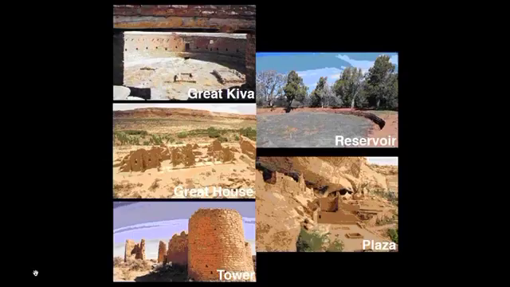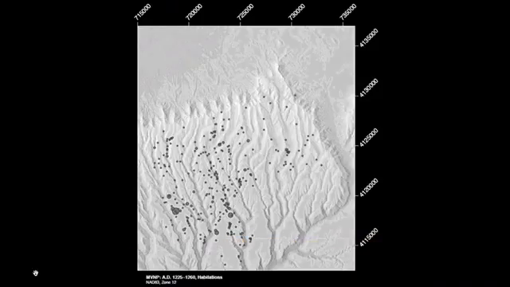There are several structures in the VEP considered public architecture, which include great kivas, reservoirs, great houses, multi-walled structures, D-shaped structures, plazas, structures with enclosing walls, oversized pit structures, and towers. For this paper, however, we are focusing on the access to great kivas, reservoirs, great houses, plazas, and towers in hopes of covering the widest range of accessibility and visibility in Mesa Verde through its occupation.